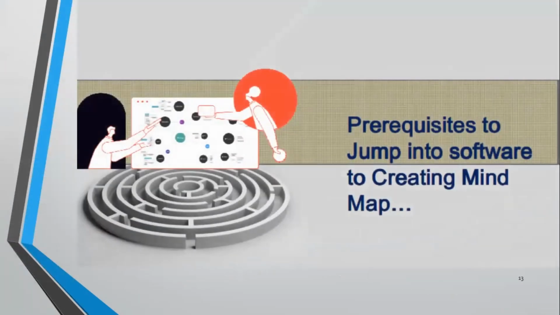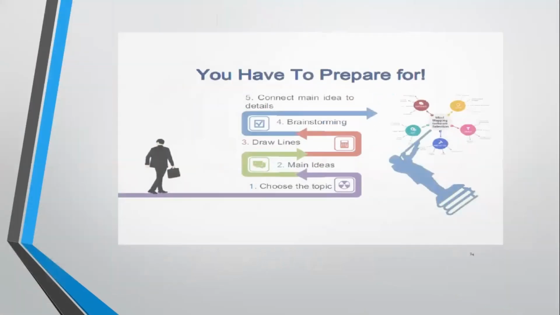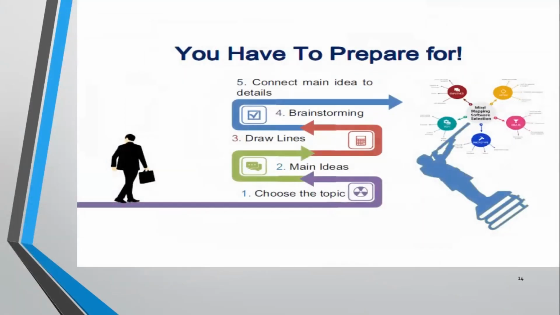But there are some prerequisites before jumping in, such as knowing what type of software can create the mind map. So you have to prepare before you start your practical session.